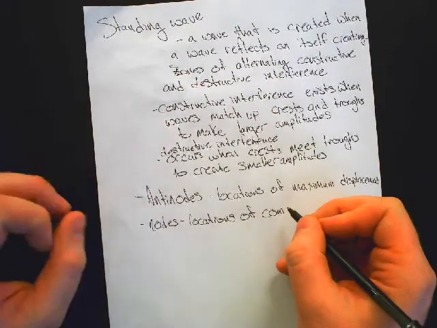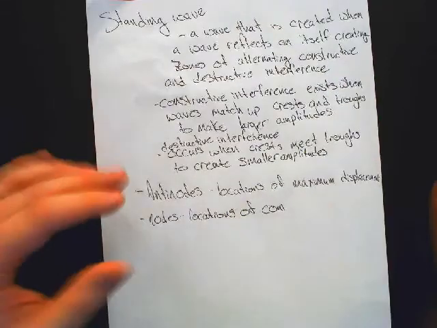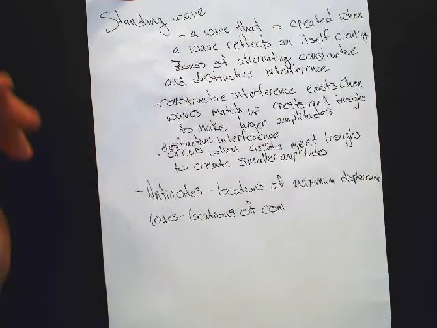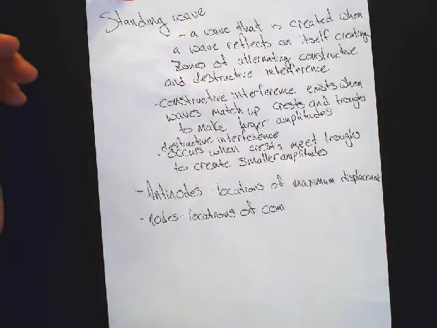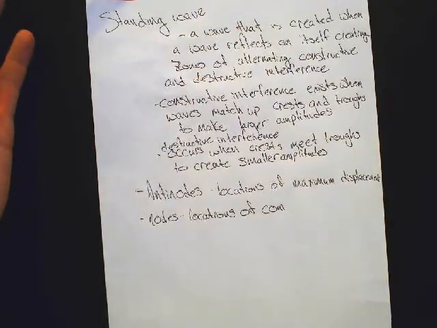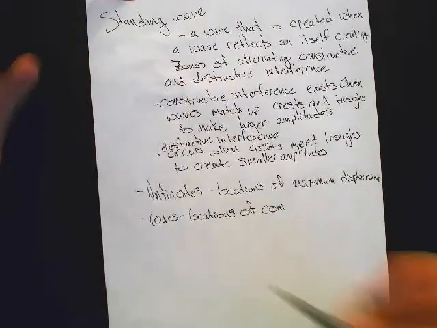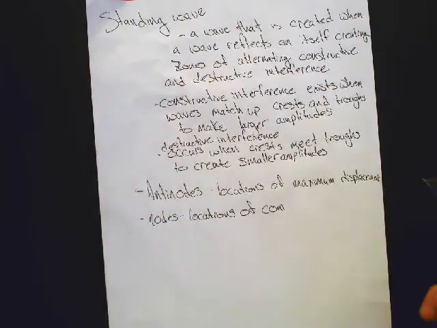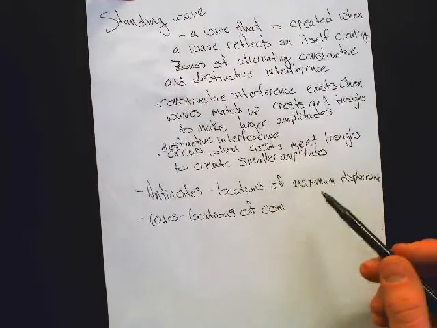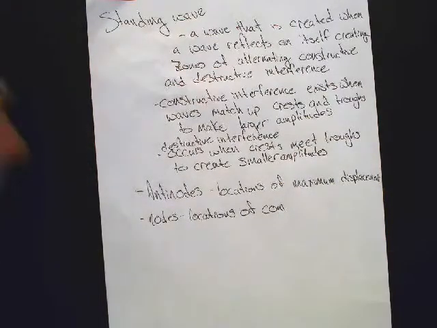Not really, because they alternate between completely destructive and constructive, because they're going between double the amplitude to 0, where it's completely destructive, and then back to double the negative amplitude. So we can't really say it's completely constructive, because that always is cycling in and out.